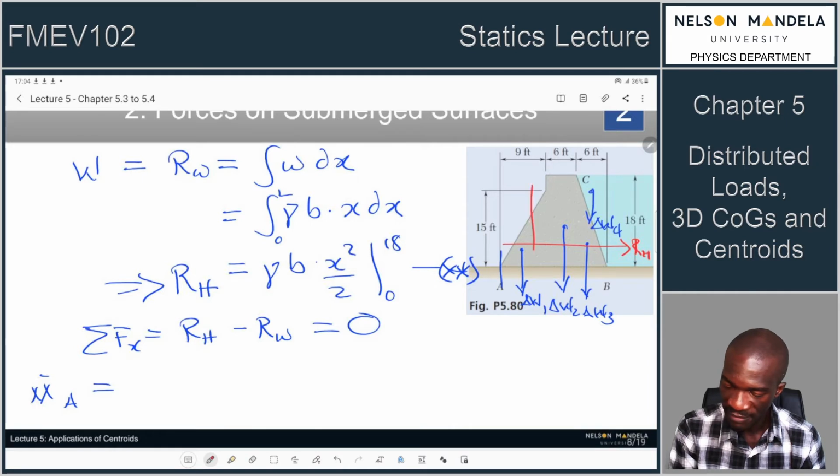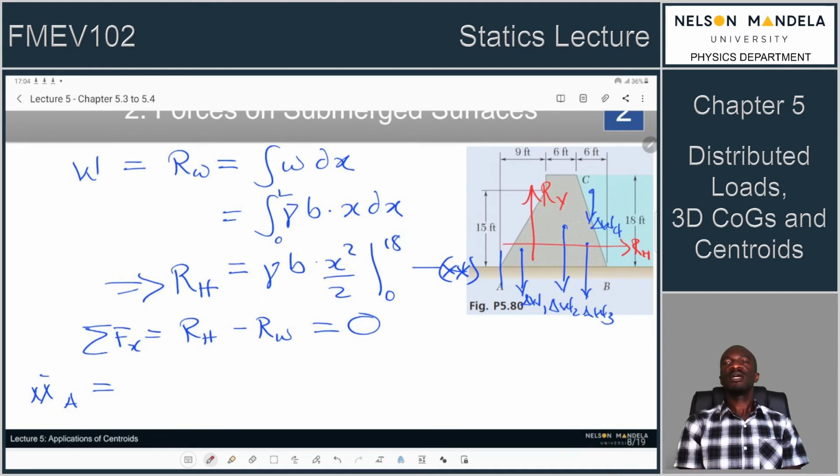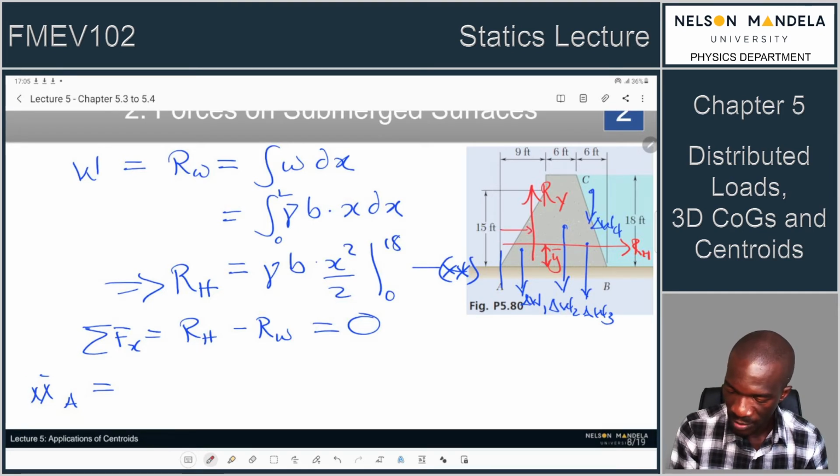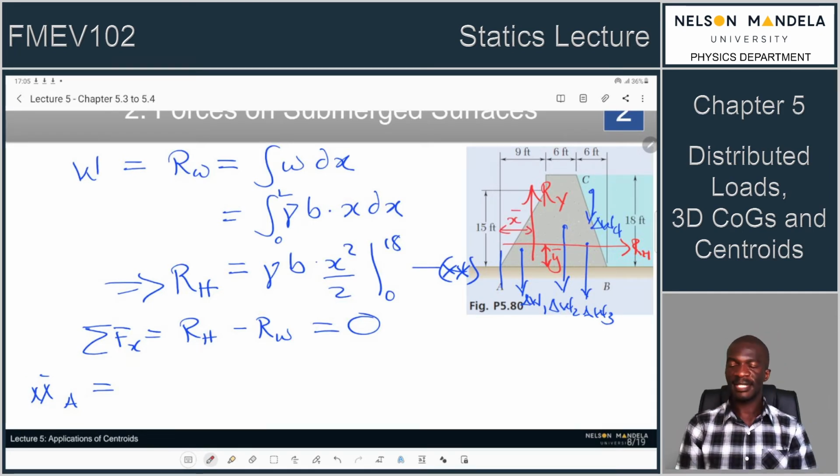We also have some R in the vertical. So if you then assign some height value, let's just call that y bar, and then you can assign some x value, let's call that x bar, then it means you can find your resultant.